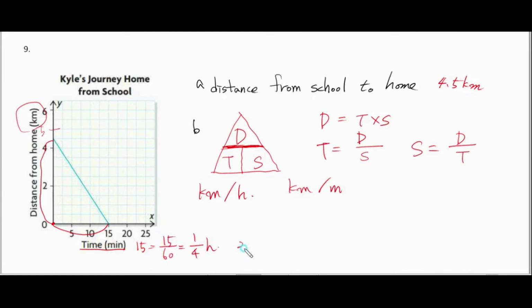Let's do one more example. If it's 30 minutes, then it will be 30 over 60, and that will be 1/2 hour. And now let's calculate this out. The time is 1/4 hour. The speed is distance over time, so the speed equals 4.5 over 1/4.